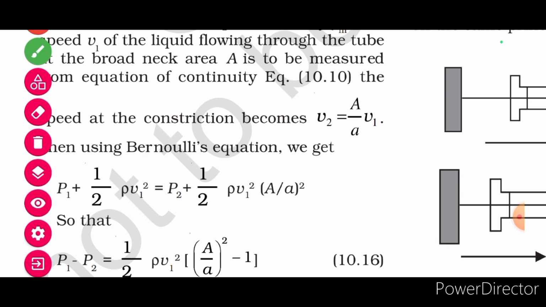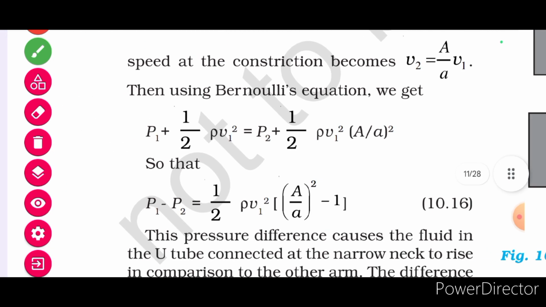Now apply Bernoulli's equation: pressure energy per unit volume plus kinetic energy per unit volume. Potential energy we have ignored because there is negligible difference in the height of the two parts. So p1 plus half rho v1 square equals p2 plus half rho v2 square, and v2 we have replaced by A upon a times v1, so it will be A square upon a square times v1 square.